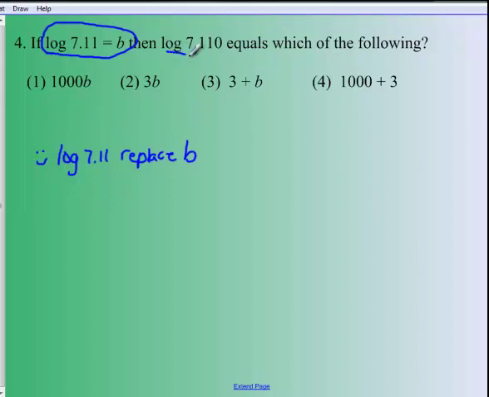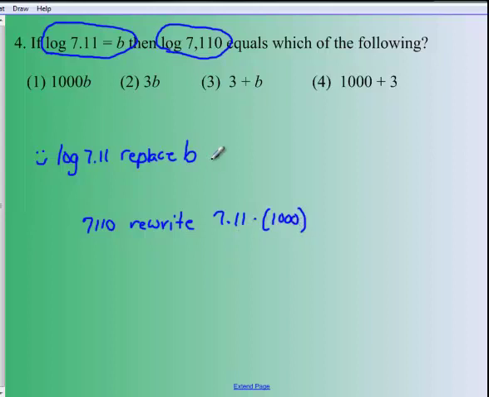Okay, well, here is log of 7,110. Well, that's not quite 7.11, but it's 7.11 hidden. You see, I can take 7,110 and rewrite it as 7.11 times 1,000.